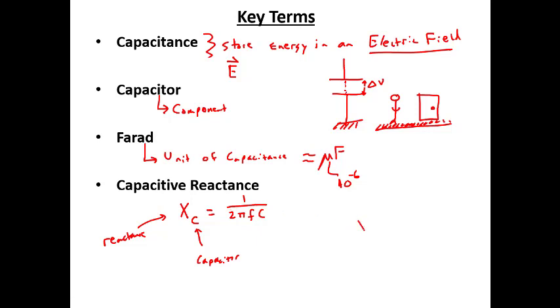If we remember from last time, inductive reactance was 2 pi F L. The capacitive reactance is 1 over 2 pi F C. So when we get larger capacitors, we're going to get smaller capacitive reactance. Capacitive reactance is measured in ohms, and that's how we're going to solve for voltage and currents in AC circuits.